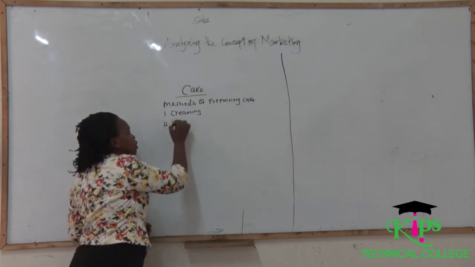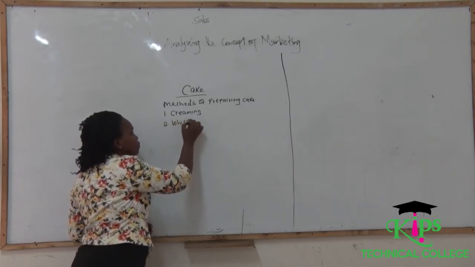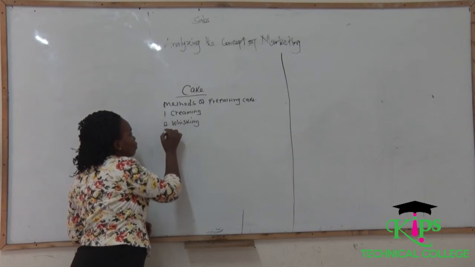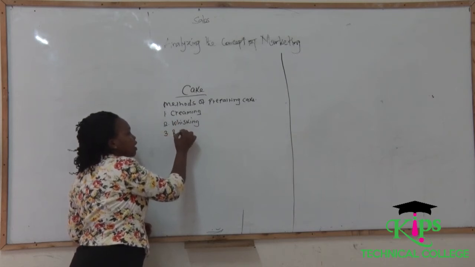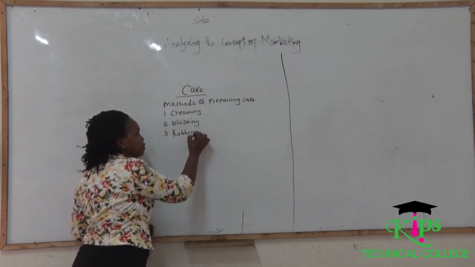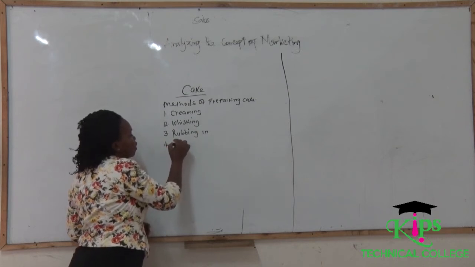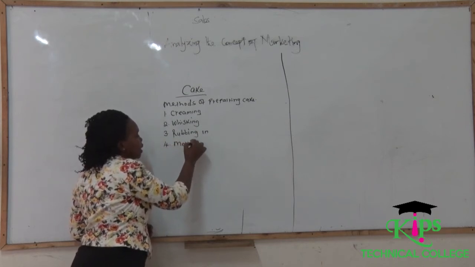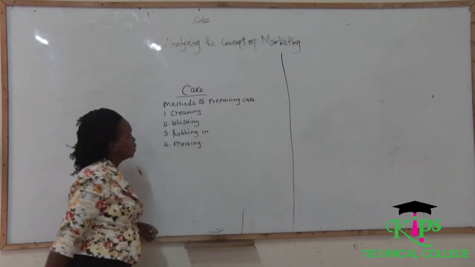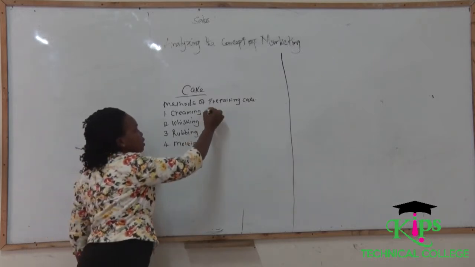The second one is whisking. Then the third one is rubbing in. And then the fourth one is melting. So we start with the first one.